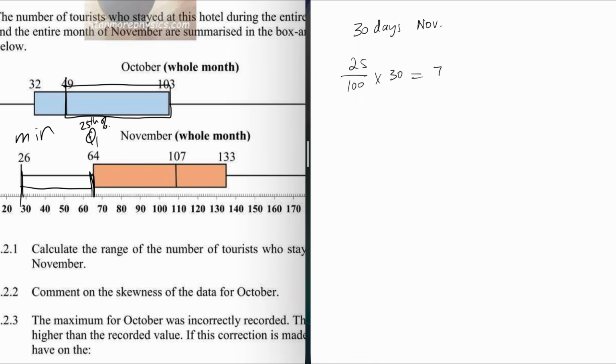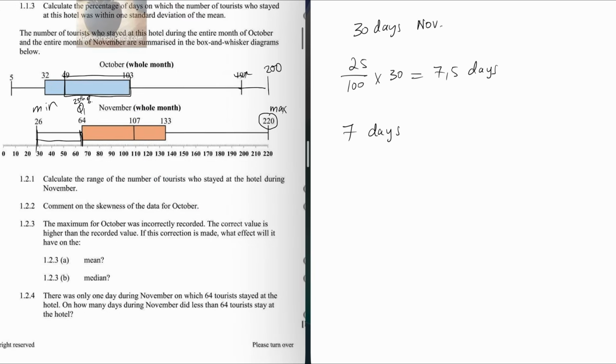And that's equal to 7.5 days. And then we will simply round down because we don't really count half days. So there were 7 days in which there were less than 64 tourists staying at the hotel.